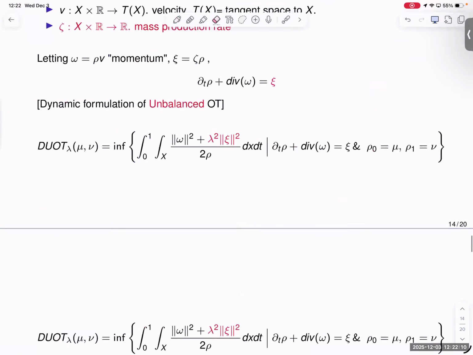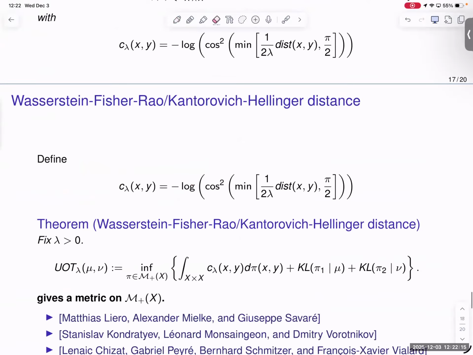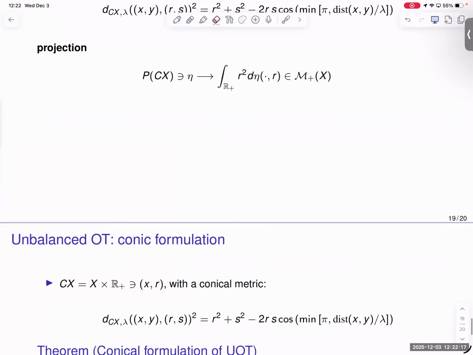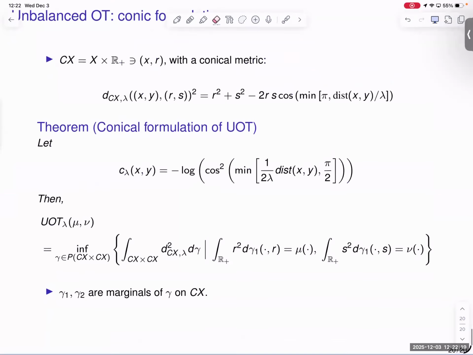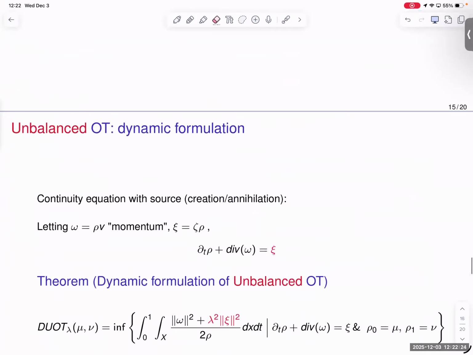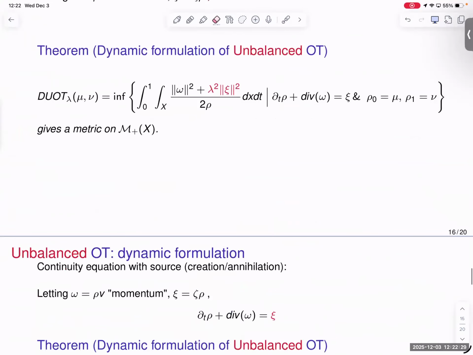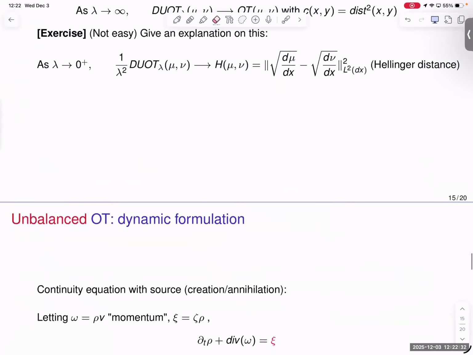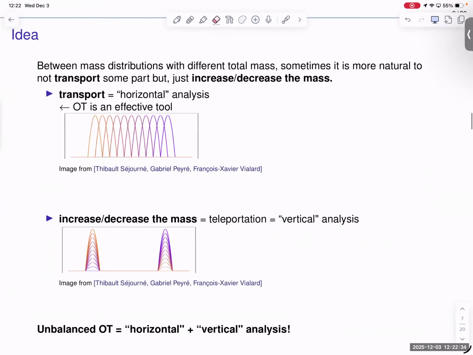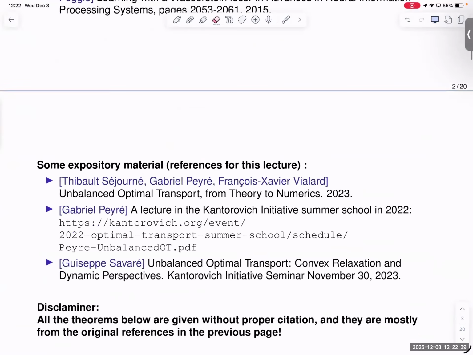But there is also this dynamic formulation and others. My slide maybe is not that understandable without further explanation. So if you are more interested in this aspect of dynamic formulation and even this kind of conic formulation, you want to look at these references, maybe this one together with this.